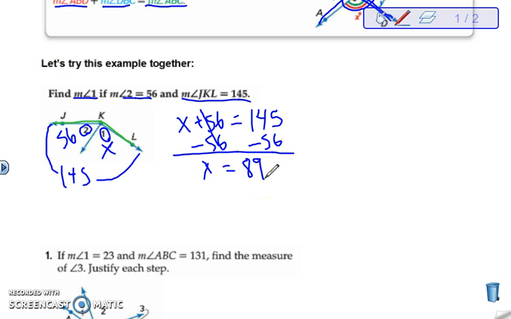So since the question is asking for angle 1, and we had the x stand for angle 1, that's our answer. So the measure of angle 1 is equal to 89.